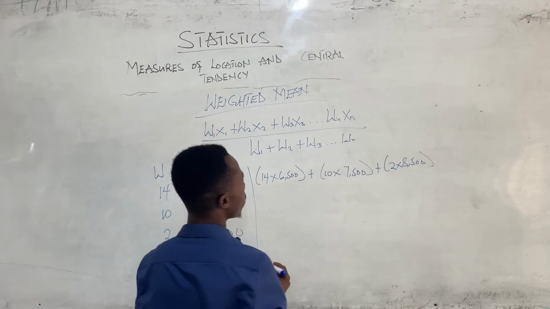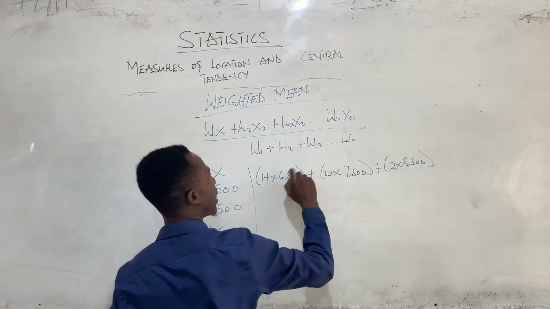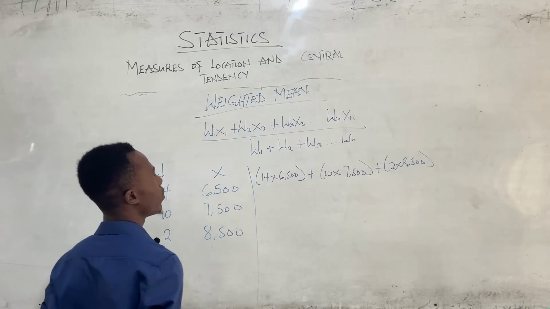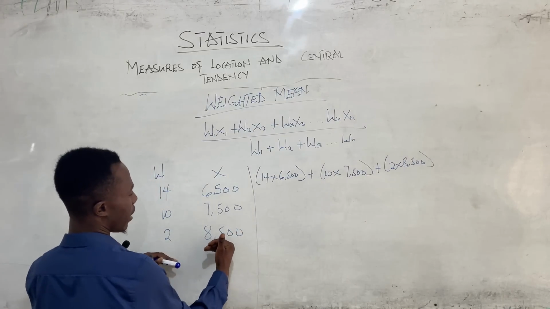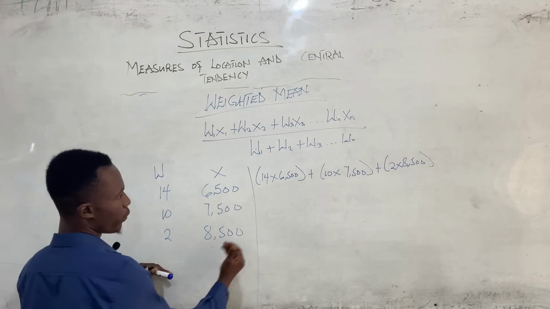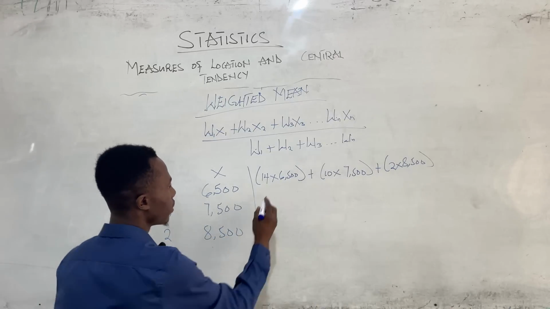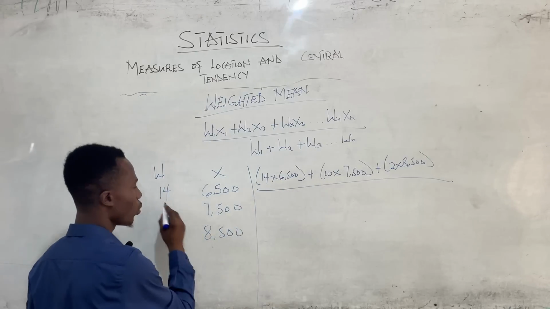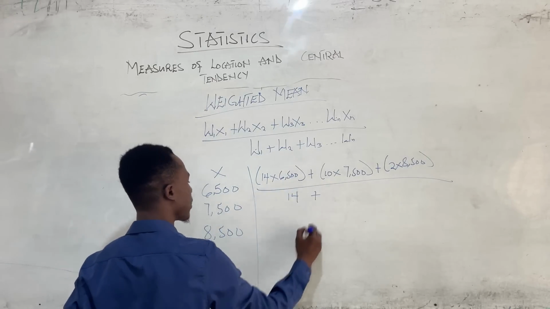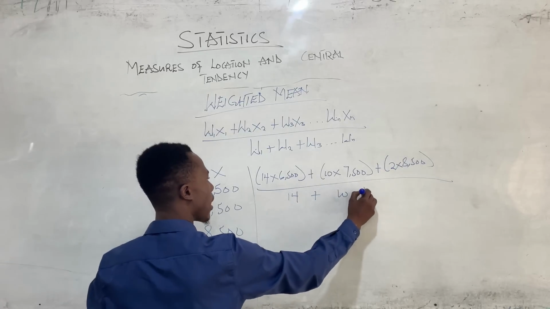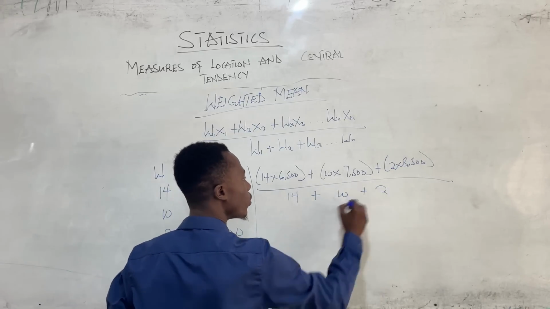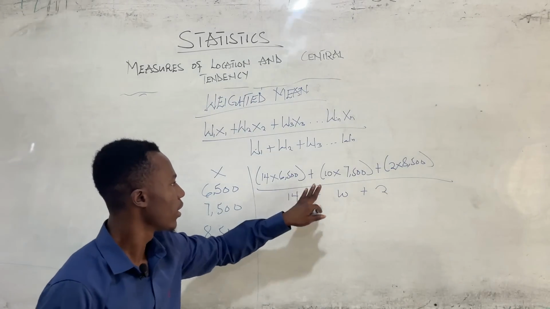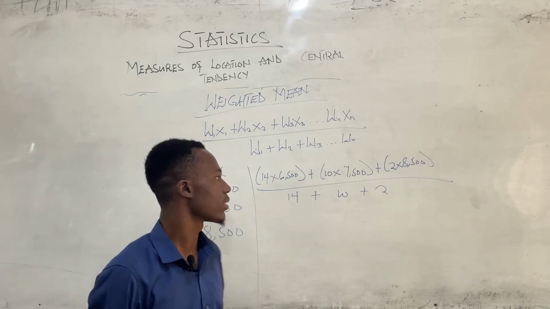We are stopping here because WN, XN represent the last number. Here the last number is the third one. Even if we have a fourth one, that one will be W4, X4. Do you get it? So we divide by the weights, W1 plus W2 plus W3, which is 14 plus 10 plus 2.